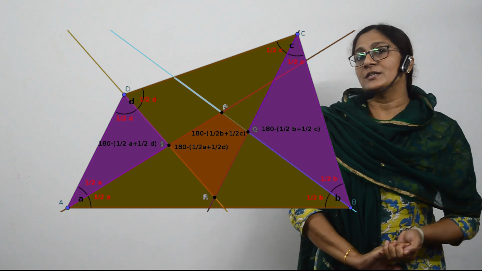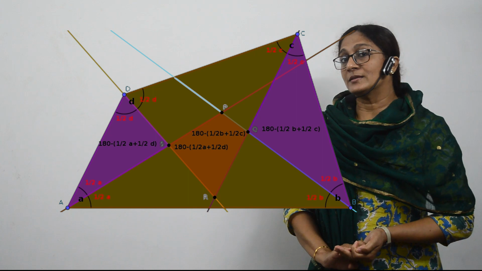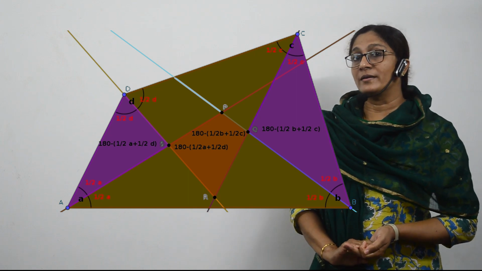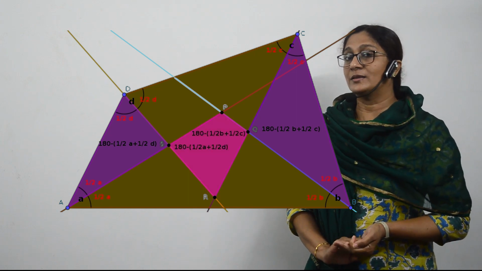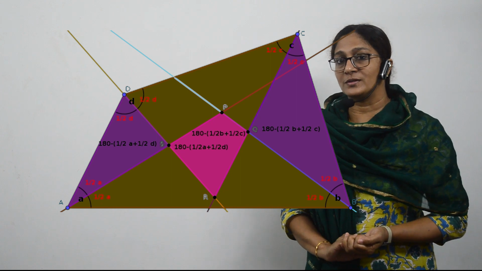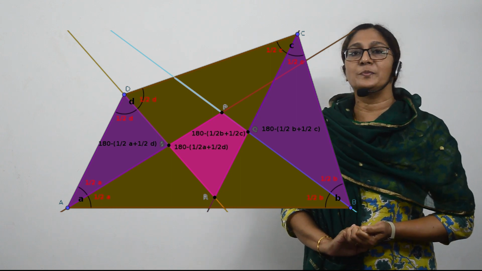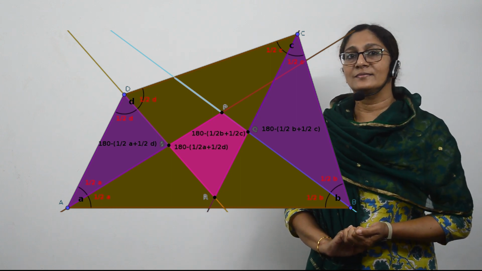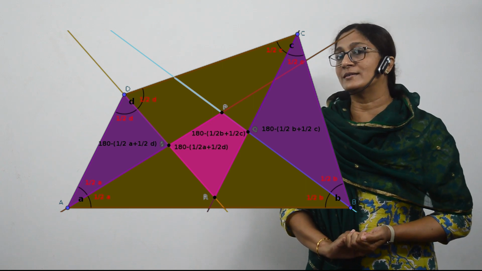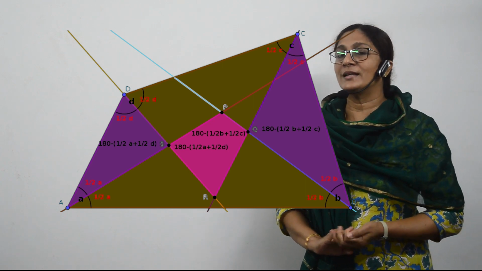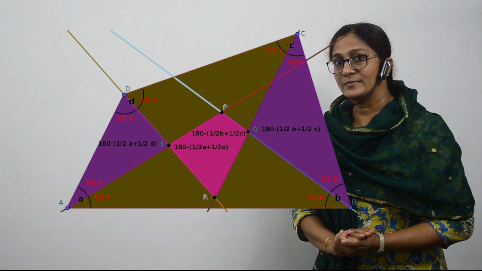Now we consider the small inner quadrilateral PQRS and the two angles that we have just found, angle PSR and angle PQR. They are opposite angles. Let's add these two angles.